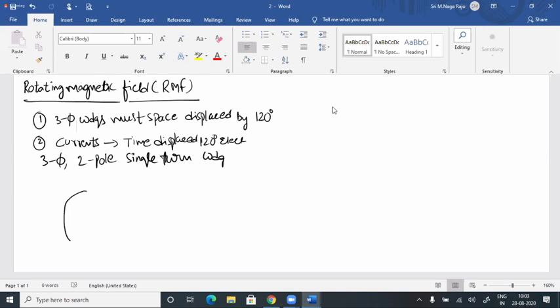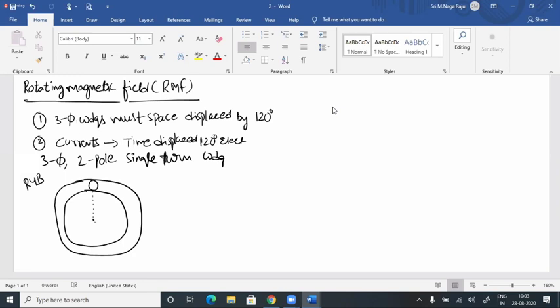So if this is the stator, three-phase means we have R, Y, and B. If this is the R phase, what is the first condition? Three-phase windings must be space displaced by 120 degrees electrical.